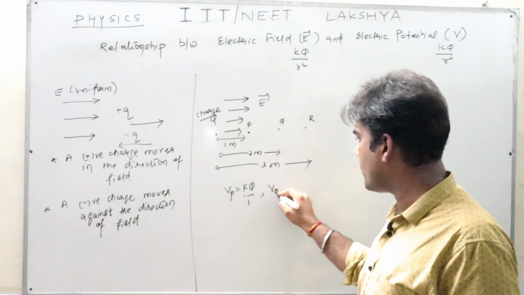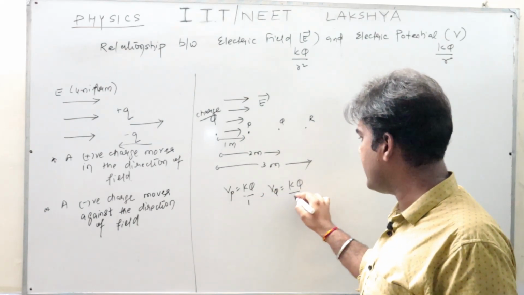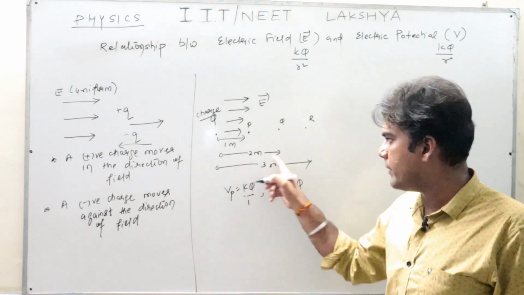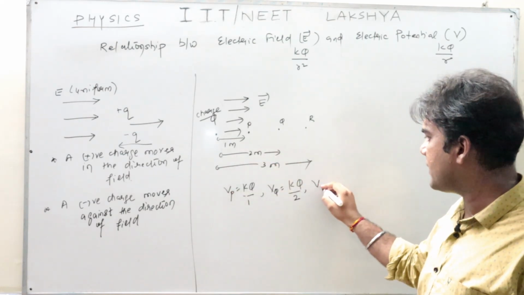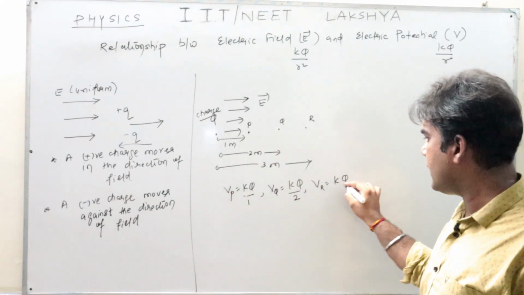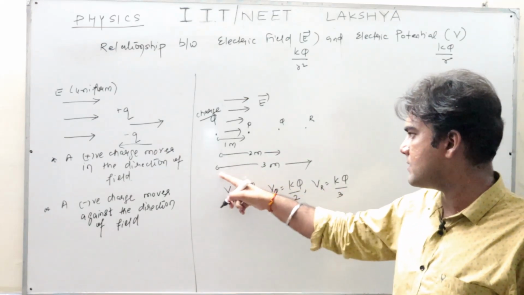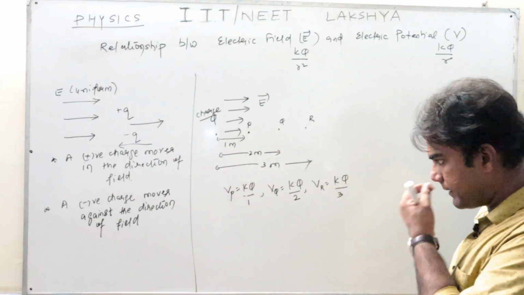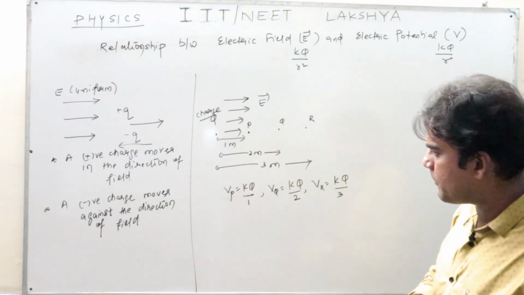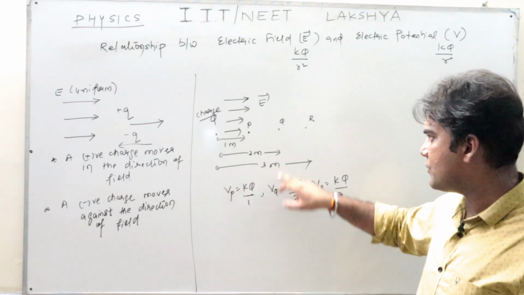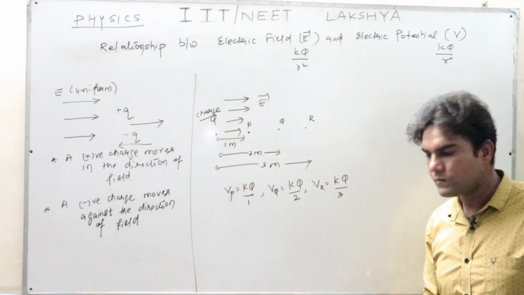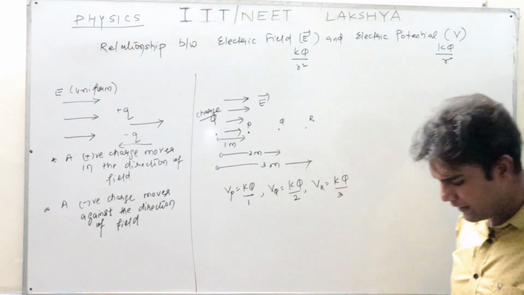What is the potential at point Q? KQ by 2. And what is the potential at point R? This distance is 3, so KQ by 3. So if you see carefully, potential at point P is KQ by 1, potential at point Q is KQ by 2, and potential at point R is KQ by 3.